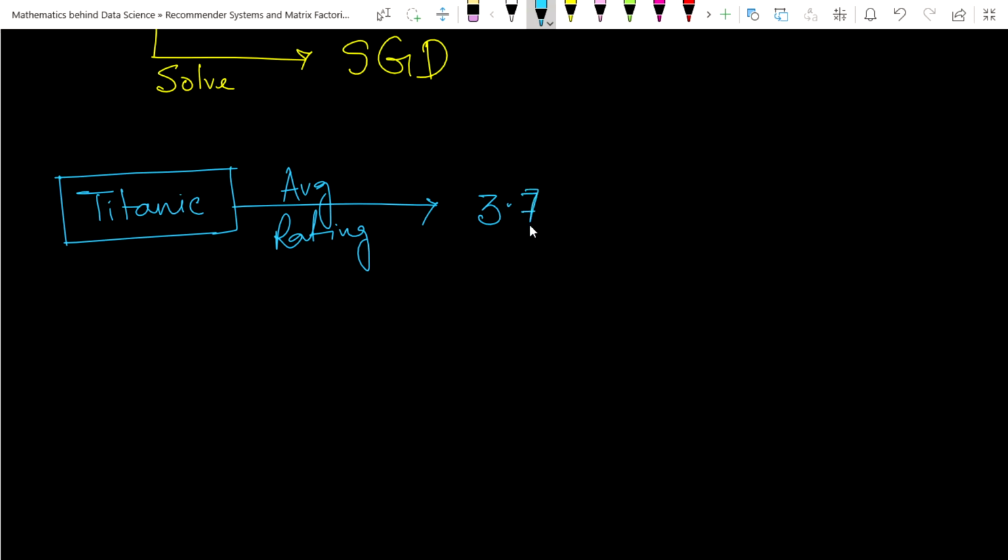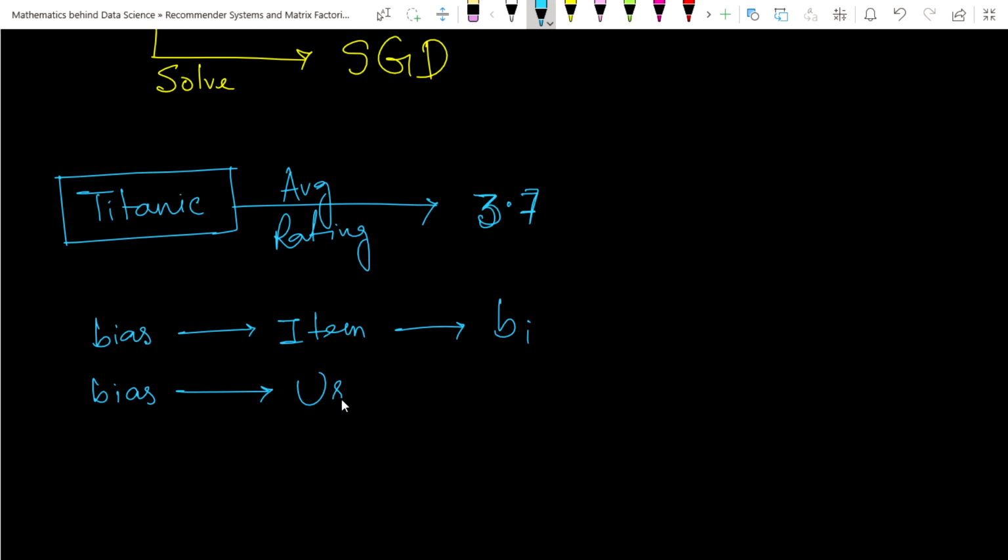They have given 3.7. But there are some biases for each item, and let's call the bias for an item bi, and also there are biases for each user, and we call this bu, the bias of users.